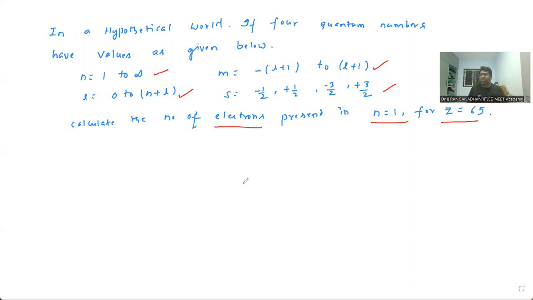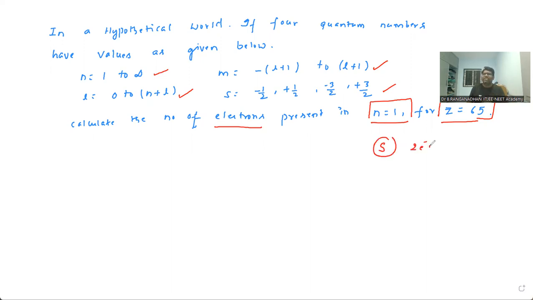If you think about this question, n equals 1 for Z value 65, everyone thinks n equals 1 means the first shell, the 1s orbital. Okay, leave it. What is the atomic number, 65? How many electrons are present in n equals 1? This is for the s orbital, and the maximum number of electrons possible for an s orbital is 2.